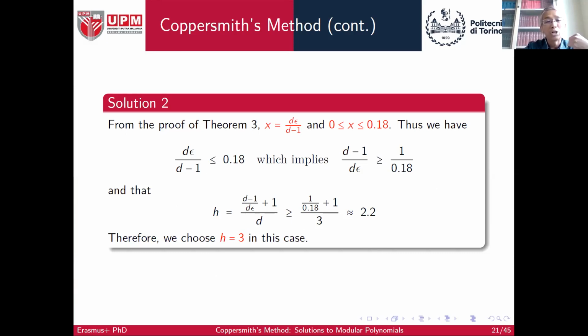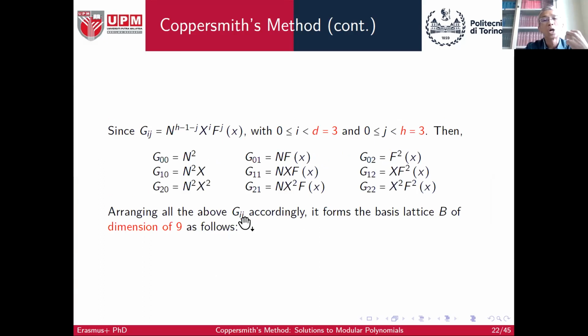Now, having h equals 3, we can start to construct the polynomial g(x) from f(x). This part is also highlighted in the previous proof, so I capture it again here. We have this g_ij, which is n power h minus 1 minus j, capital X power i, and the function f(x) power j, with the condition that i is between 0 and d equals 3, exclusive, and j is between 0 and h equals 3, exclusive.